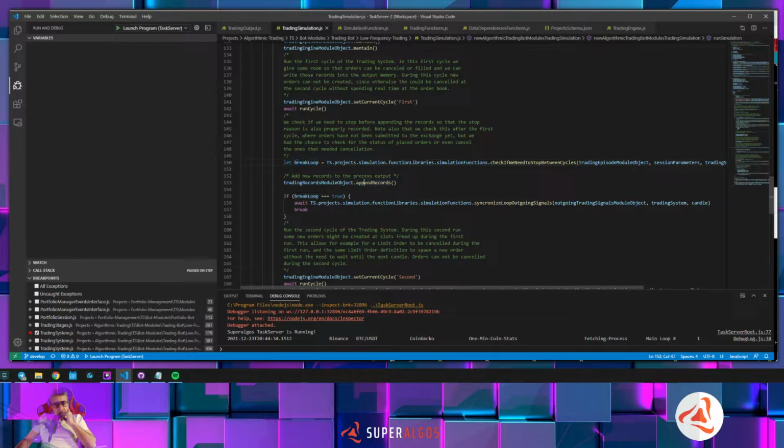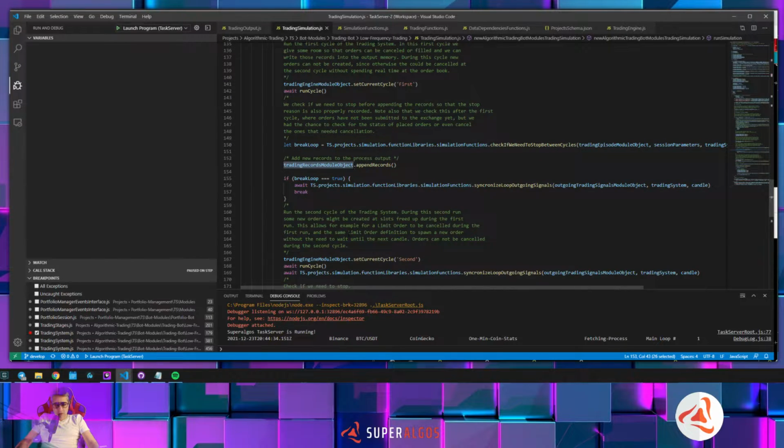All the records produced are added to the current output records.